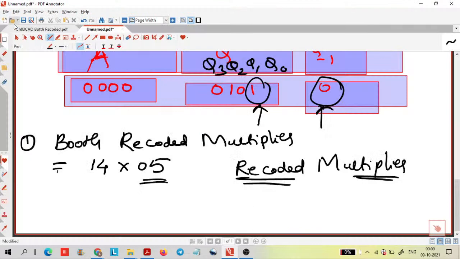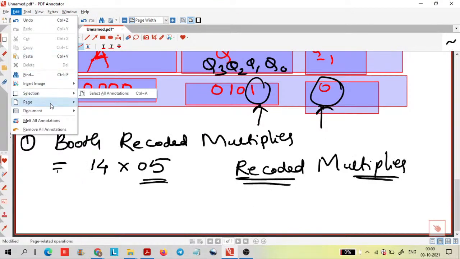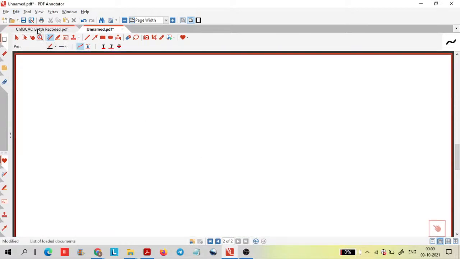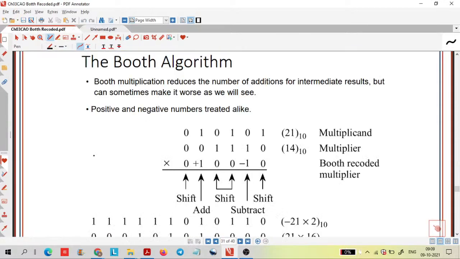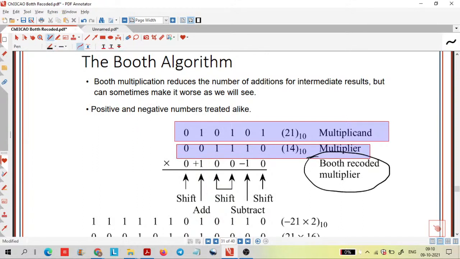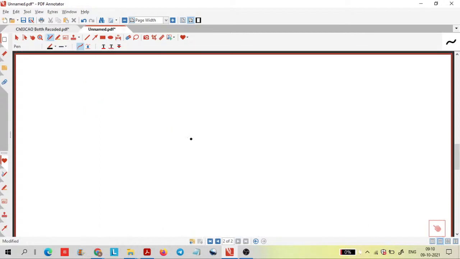Can anyone tell what the rules were for Booth recoded multiplier? Here this is the multiplicand value, then the multiplier value, and we have to recode that multiplier.